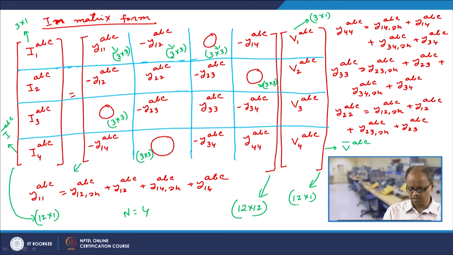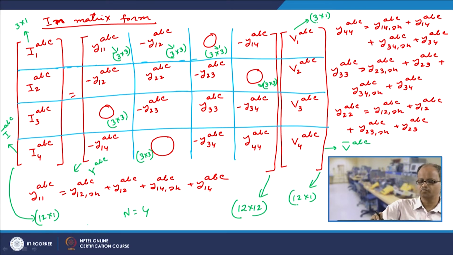And this is the Y ABC matrix. So I ABC is 12 cross 1, which is 3 into 4 cross 1. Y bus is 12 cross 12, which is 3 into 4 cross 3 into 4, and V ABC is 12 cross 1.